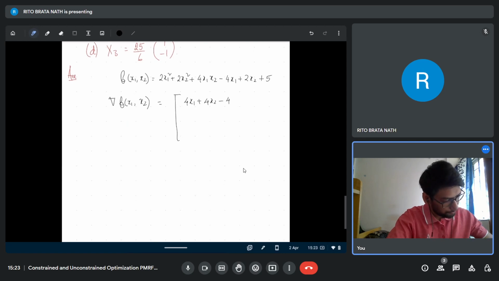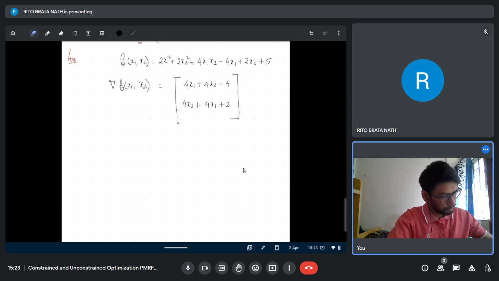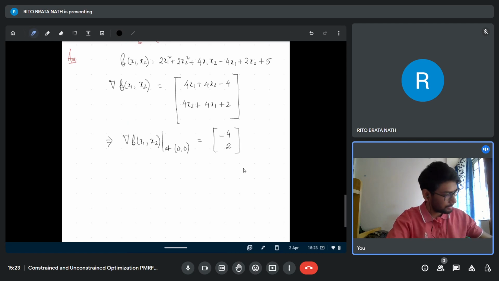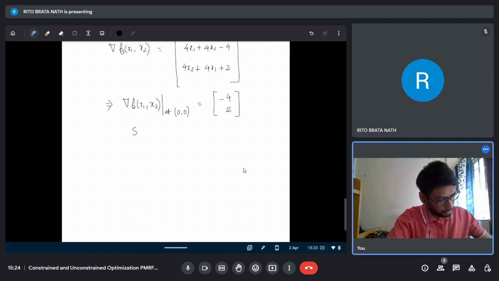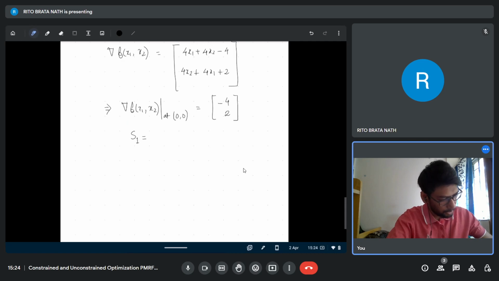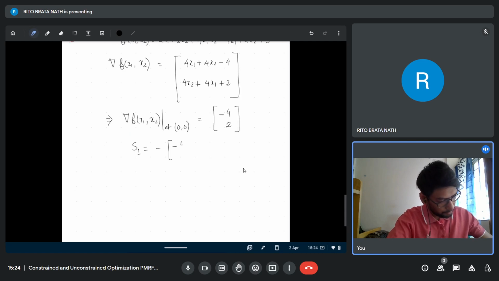And this is 4x2 plus 4x1 plus 2. You can write it as the gradient of f at 0, 0, which is minus 4, 2. So that means your S1 in this case will be minus of that, so 4, minus 2.